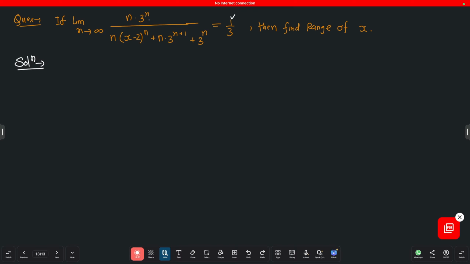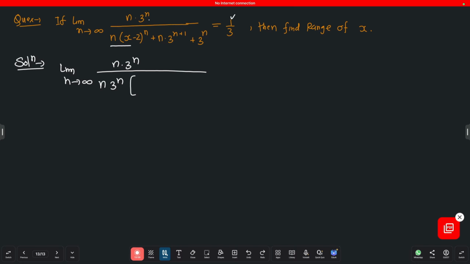So the first step in my mind is that we have to take common from the numerator n into 3 power n, then cancel. From the denominator also take common n 3 power n, then we will cancel in the next step. When we take common, what is remaining in the denominator?